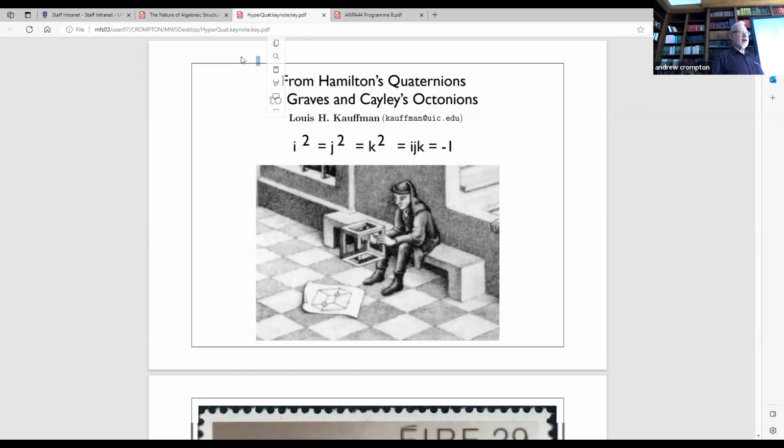So this talk is about topology and algebra. You might have heard some of this before, but part of what I'm interested in is, from a long time ago, a way of interpreting the quaternions topologically, and then to go from there to a slightly more complicated way of interpreting the octonions topologically.